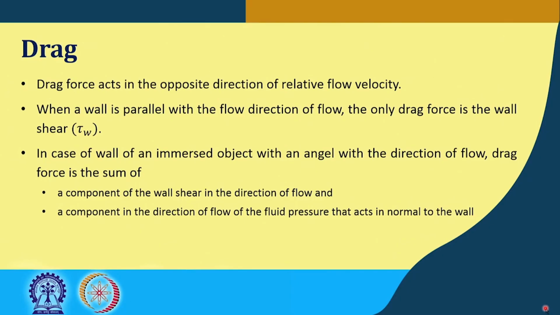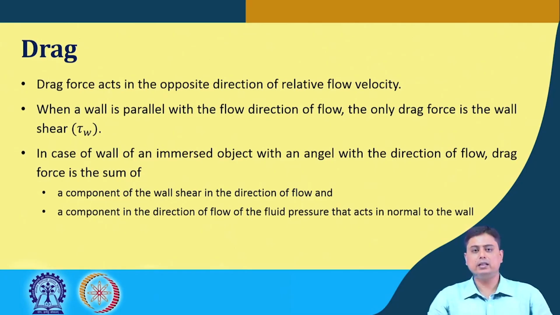Similarly, if the river is stagnant and the boat is moving, which rarely happens, but let's say the water is stagnant and the boat is floating around with some velocity, then you can understand based on this concept in which direction the drag force will act. So the bottom line is that the drag force acts in the opposite direction of relative flow velocity.